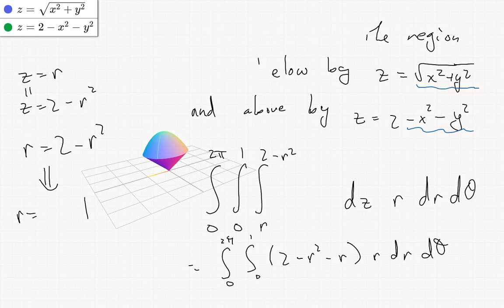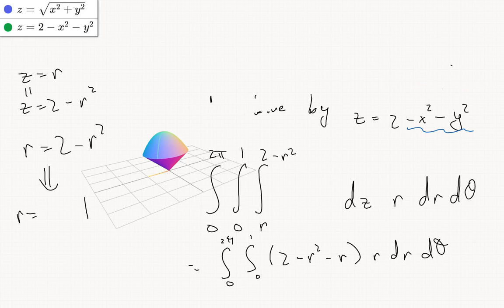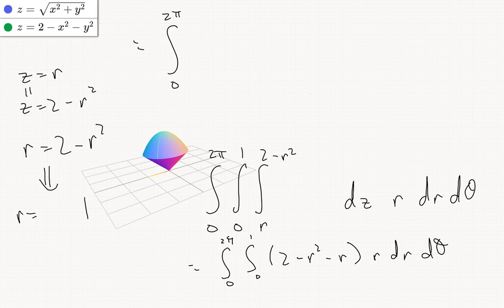So that becomes integral 0 to 2 pi of integral 0 to 1, 2r minus r cubed minus r squared dr d theta.